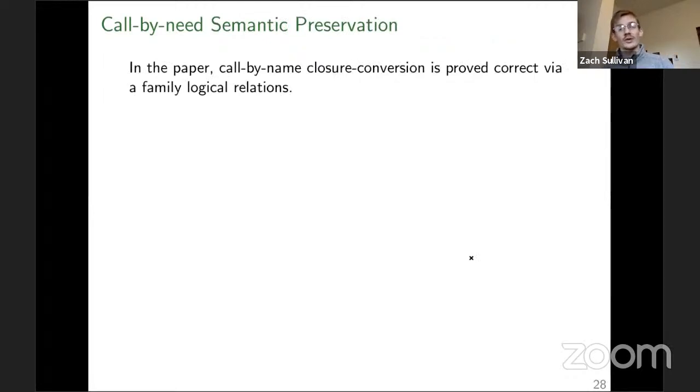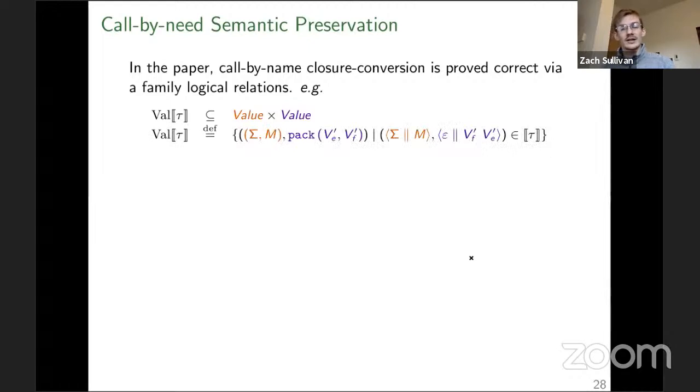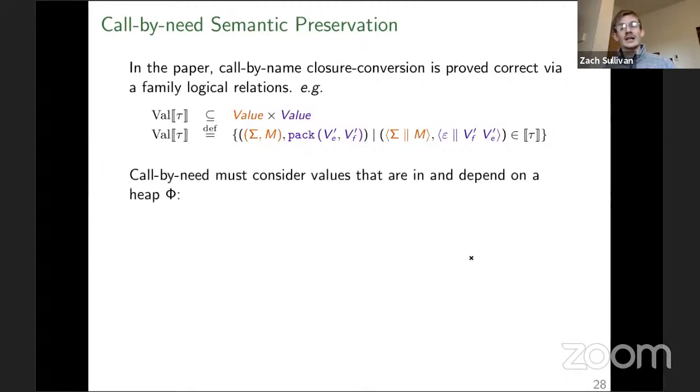As I said before, for call by name closure conversion, we proved that correct with a family of logical relations. And in call by name, for example, we had a relation for values in the source and target. A source thunk would be related to a target package if their configurations were related. Extending this to call by need, we have values that are in a heap and they depend on the rest of the heap.